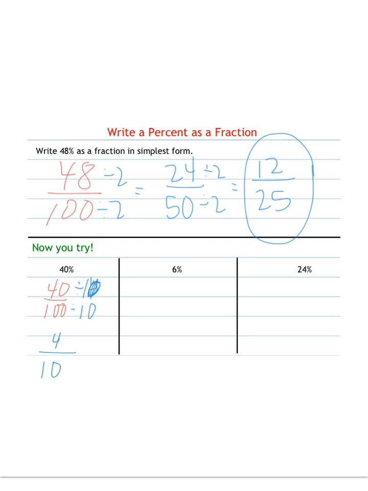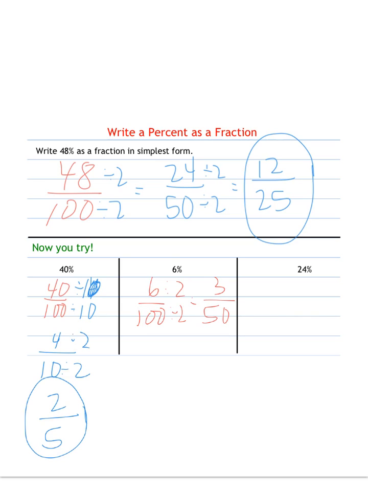Now I look at this and I say, oh, I know they both can be divided by 2. 4 divided by 2 is 2. 10 divided by 2 is 5. So 2/5. So 40% is 2/5 in simplest form. 6%, drop the percent sign, 6 over 100. Let's divide them both by 2, which equals 3/50. Can't be reduced anymore, so we are done with that one.